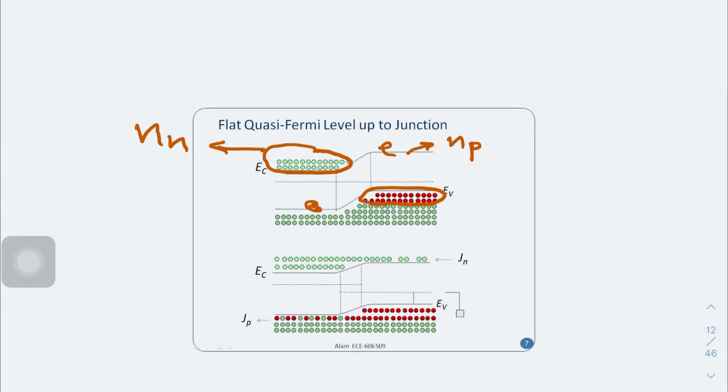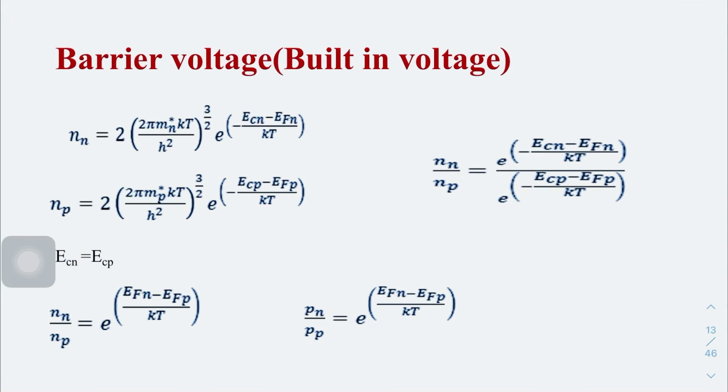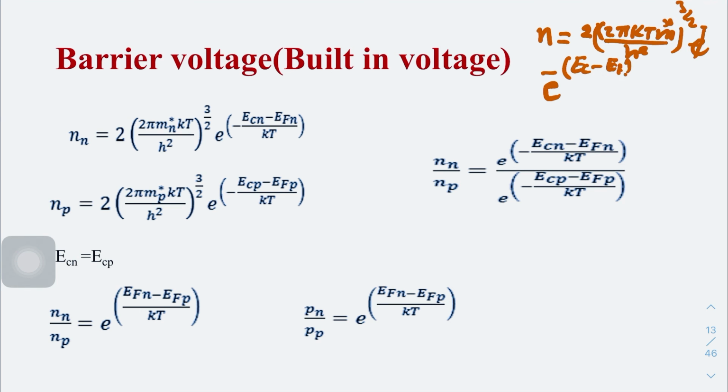If we have a relation between the majority current carriers of electrons and the minority current carriers of electrons, meaning a relation between n sub n and n sub p, we know that n, the equilibrium carrier concentration, is equal to N sub C, which also equals 2 (2 pi m effective kT over h squared) to the power 3 by 2 times exponential of minus (EC minus EF) over kT.